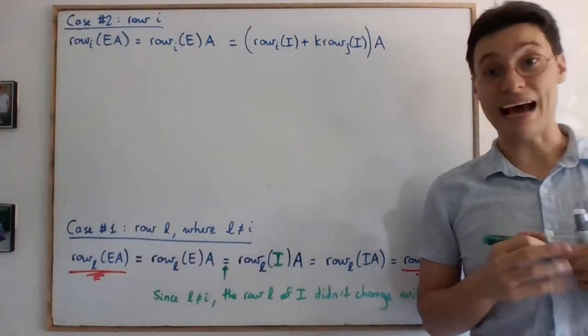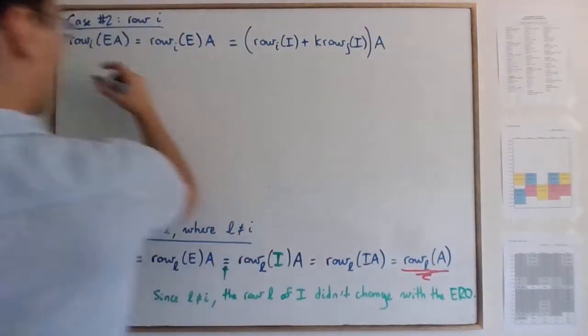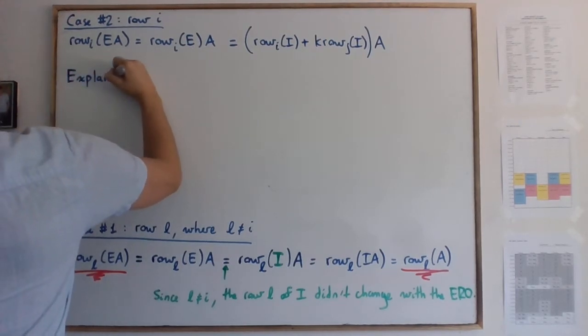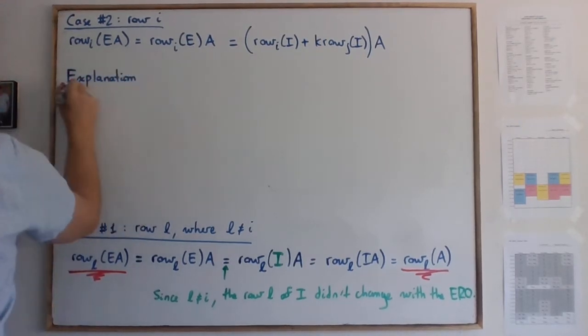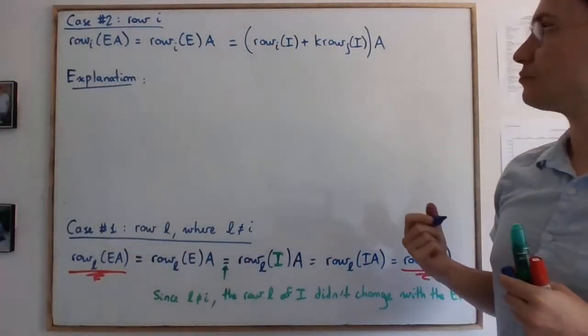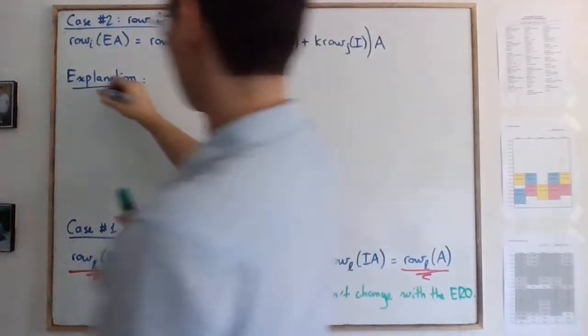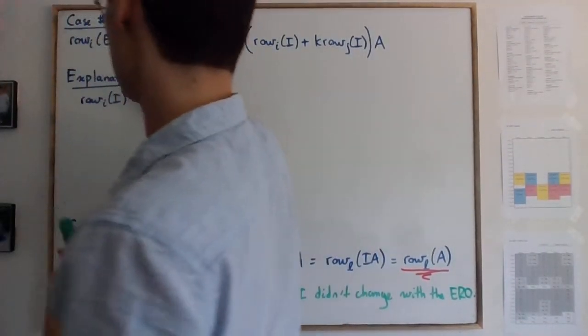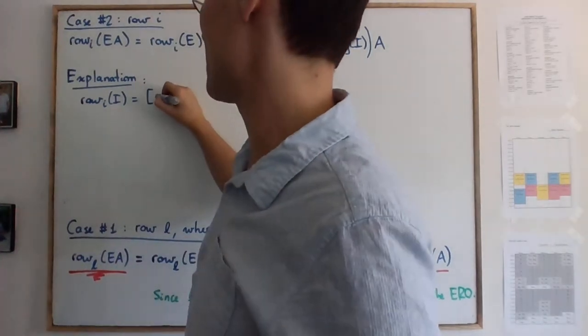And to explain that, I'll actually go ahead and write down the explanation. Okay. So remember that the row i of the identity matrix is something that looks like this.